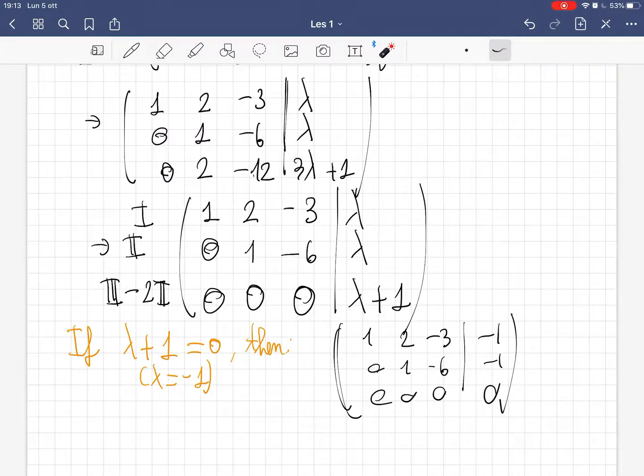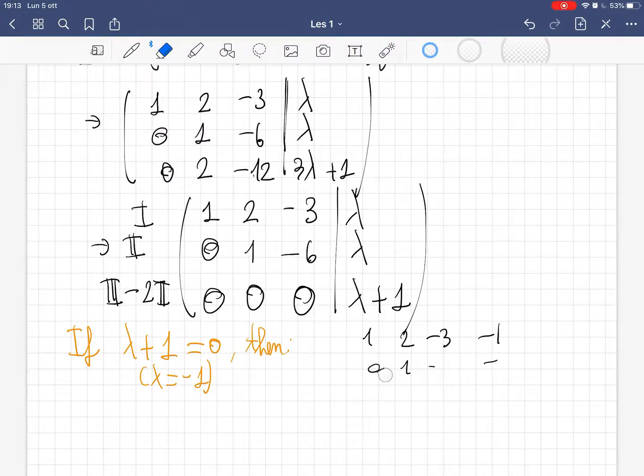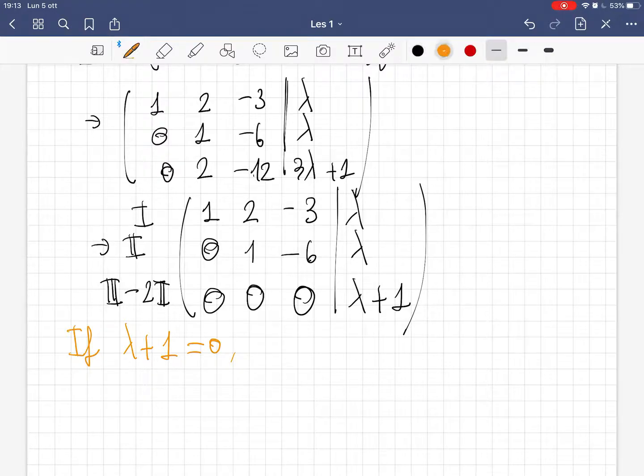But if, in the other case, it's different, then the third row, row 3, says 0 equals lambda plus 1, which is different from 0, a contradiction.